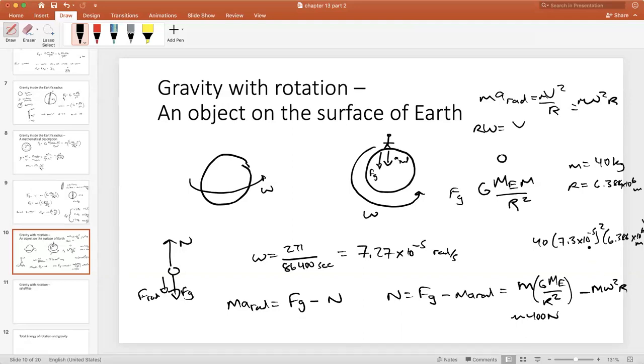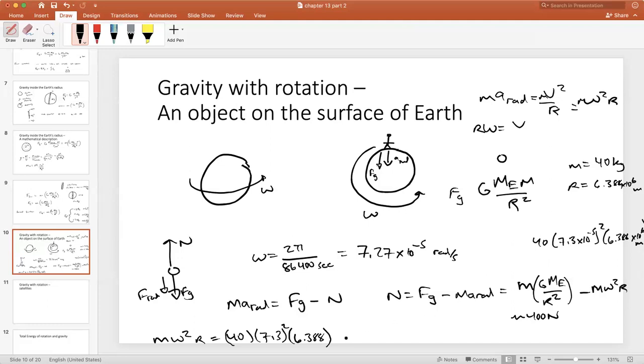If I do this math, let me actually do it right here. So I get that m omega squared r is equal to 40 times 7.3 times 6.388, 10 to the minus 5 squared, which is 10 to the minus 10.